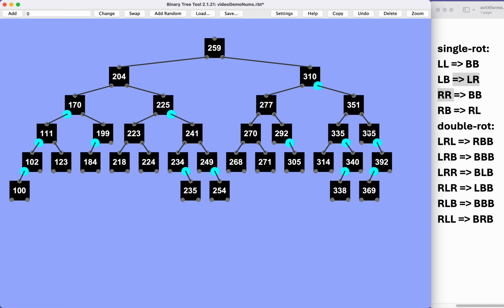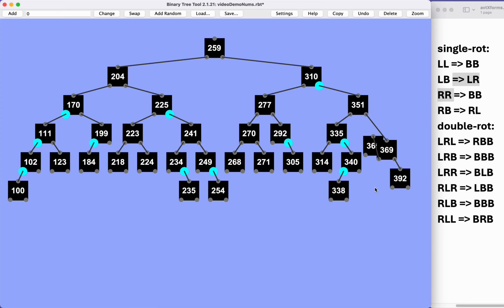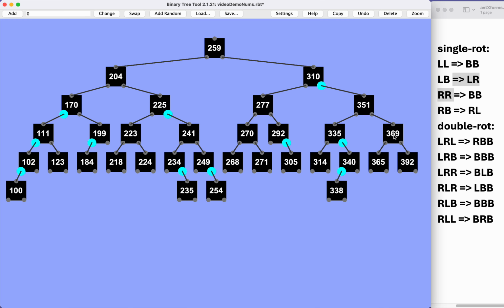I want to make it more right-leaning. This is the right-left balance case, and that becomes everything balanced. This guy ends up now doing a double rotation, but now the node in this position has changed from unbalanced to balanced. Therefore, this guy needs to adjust away from the deletion to the left. And so that's our final result after that.